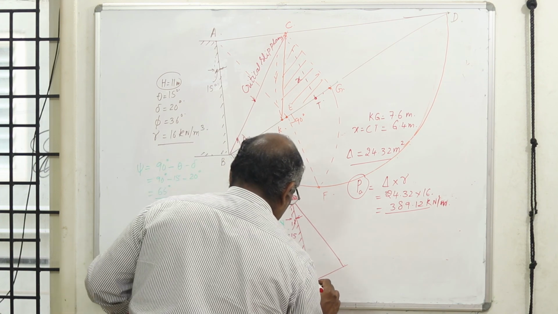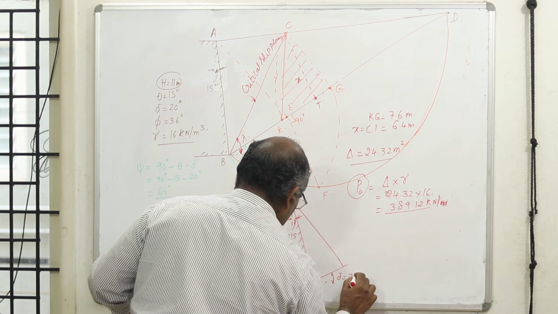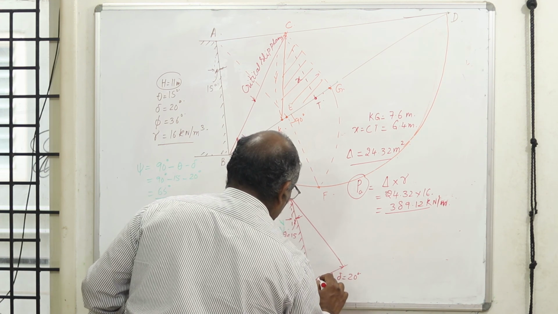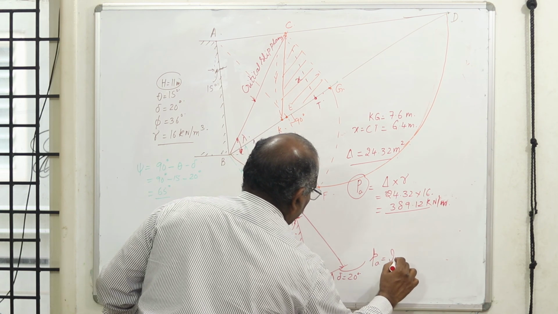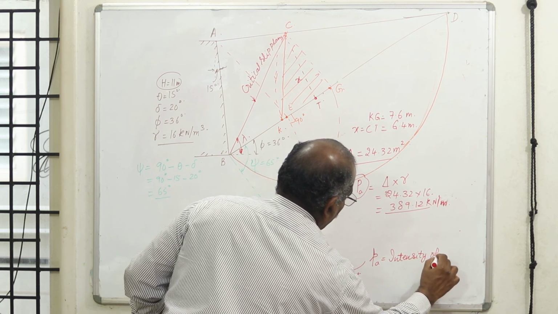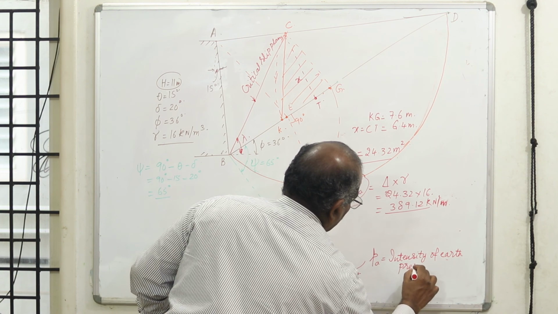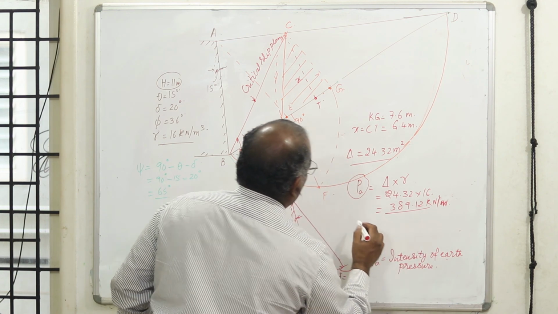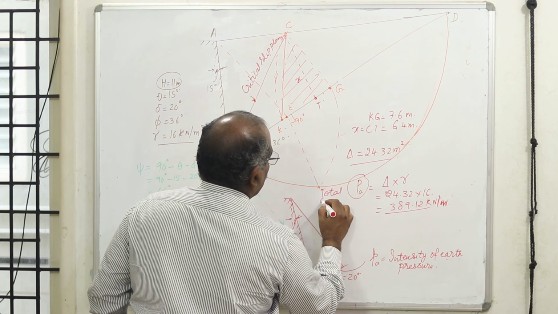This will be inclined, base will be inclined at angle delta equal to 20 degrees. Now what is this value? The intensity of earth pressure is different from this, which is the total active thrust.